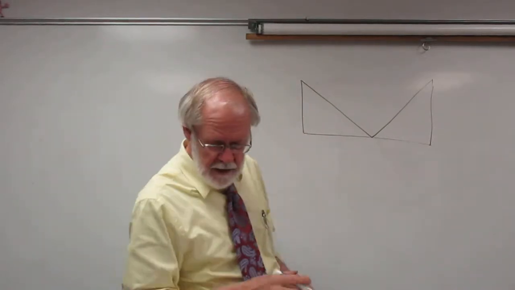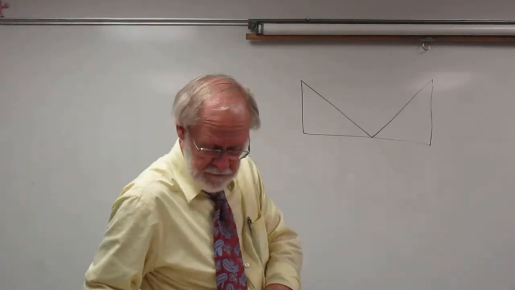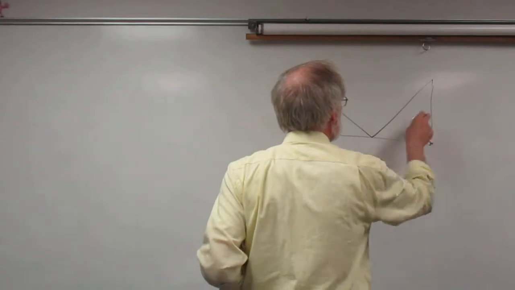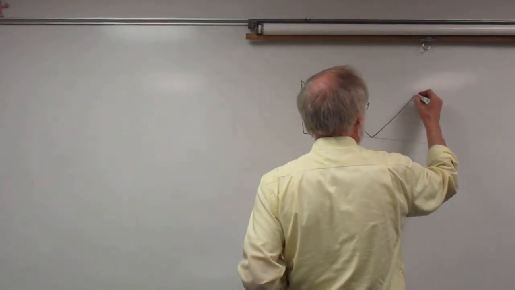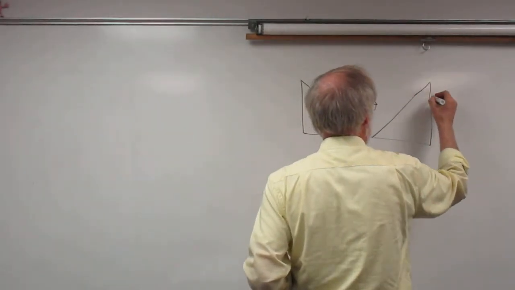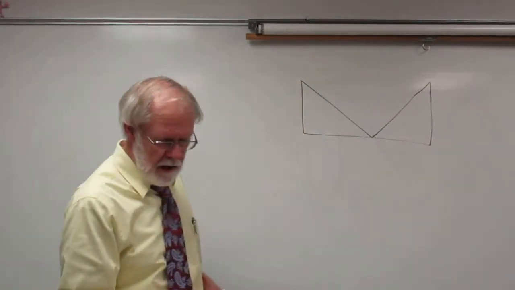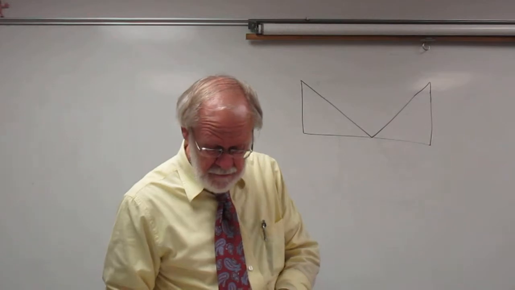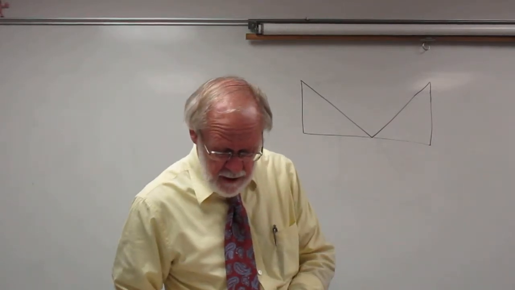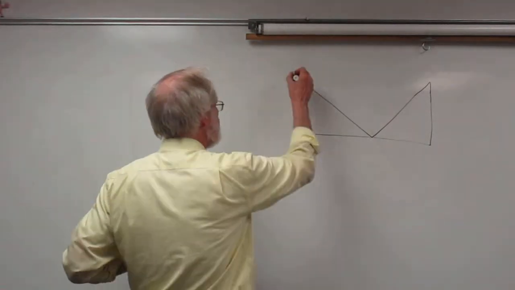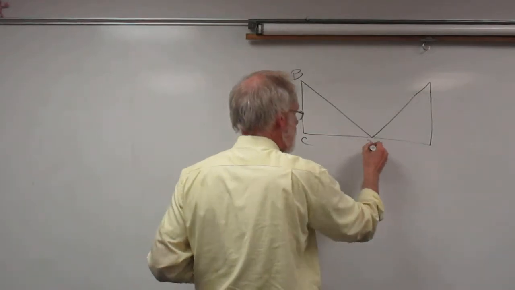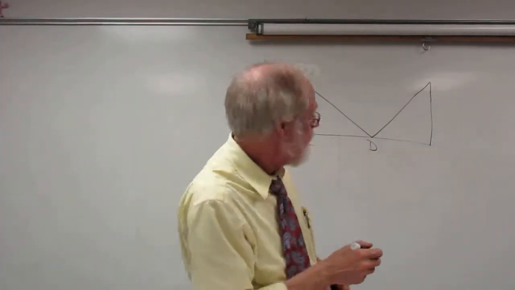All right. Is that right? Yes. Well, more or less. It doesn't look great, but let's try to fix that a little bit. It's hard to fix a drawing once you draw it. All right. Now, we have B, C, D, and E and F.